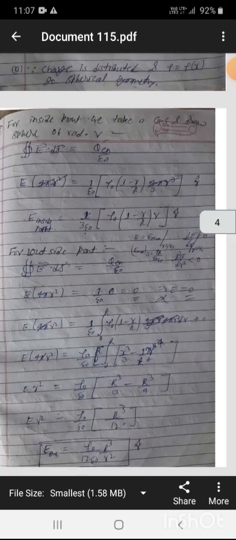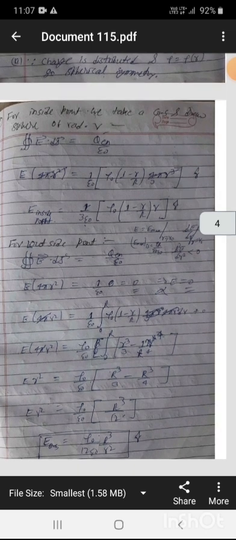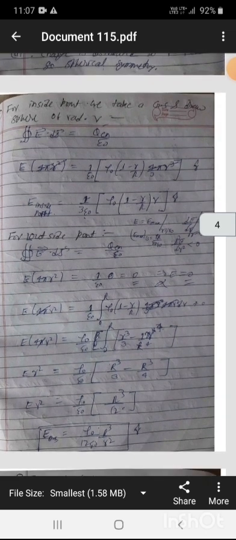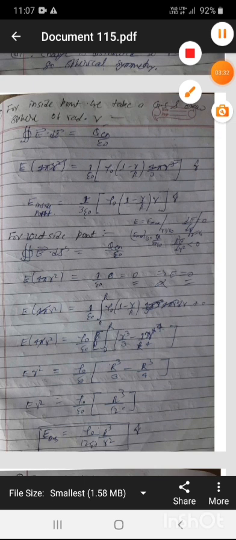So E into 4 pi r square equal to 1 by epsilon naught, and q can be written as charge density into volume. So rho naught into (1 minus r by R) into 4 by 3 pi r cube.